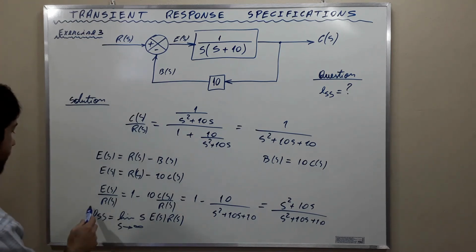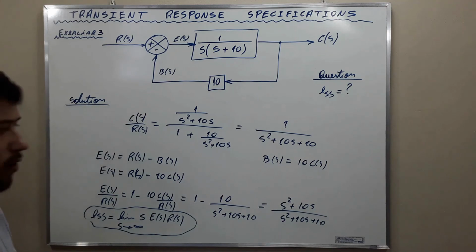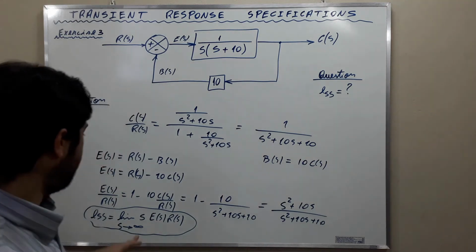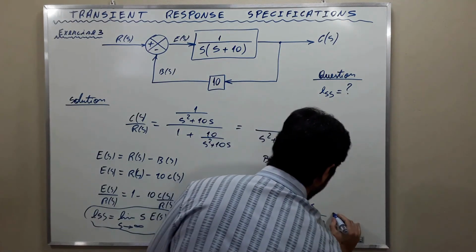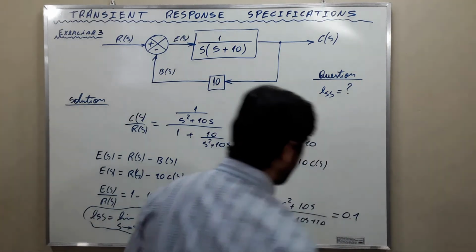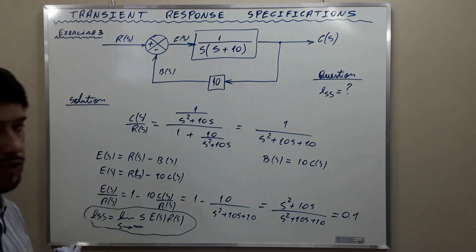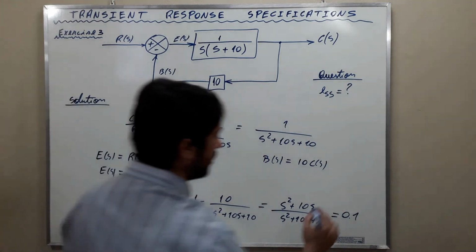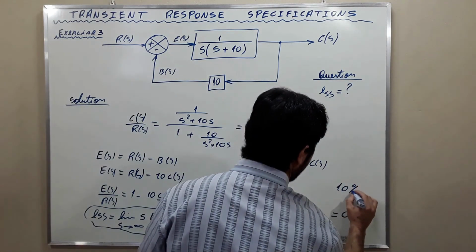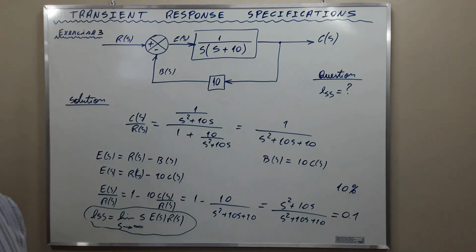Okay? This is how we calculate the steady state error. If we apply this here, we find a value of 0.1. Okay? The steady state error is 0.1, or if you prefer, 10%. We are having here 10% of error. Okay?